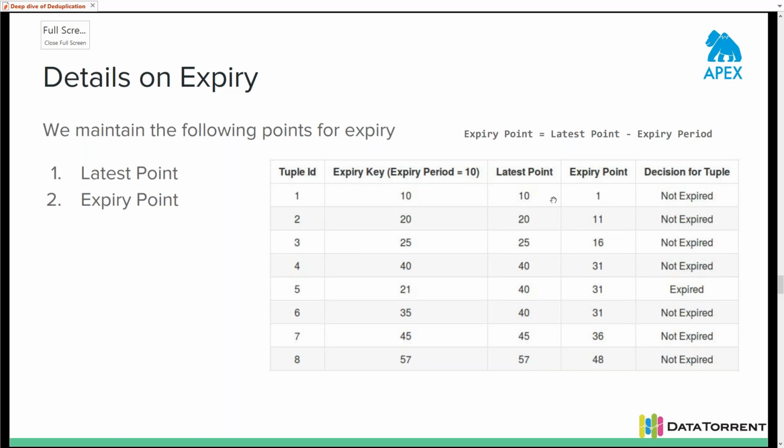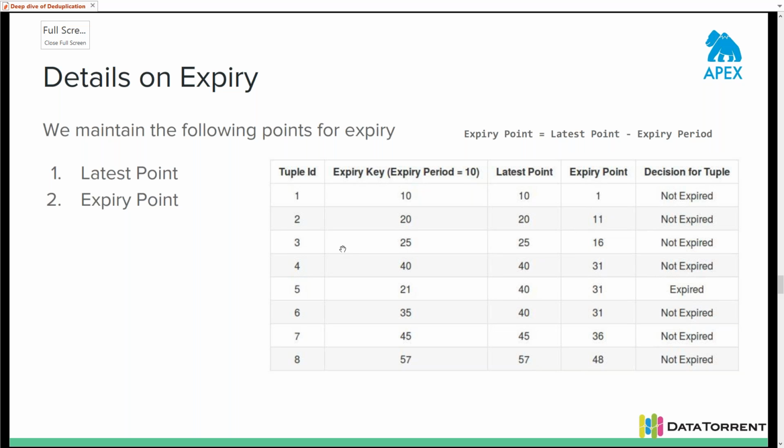If it is less than the expiry point, you can just straight away say that tuple is expired. Okay? So let's look at the second tuple here. It comes with the expiry key 20, and that makes our latest point 20, because 20 is the highest we have seen till now. The expiry point also shifts ahead, making it 11. So anything before 11 is now expired.